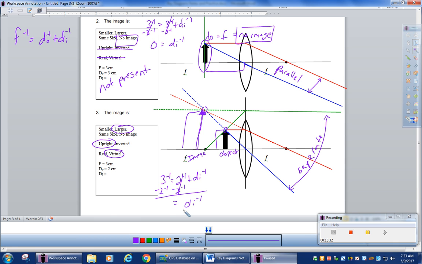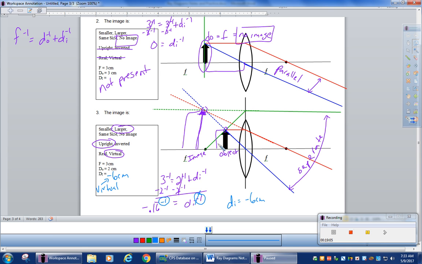And again, I need to take the inverse of both sides in order to cancel it out over here. So the inverse of that answer would be negative 6 centimeters. A negative is going to refer to a virtual image. Anytime that I have to measure backwards in the opposite direction of where I typically would, I'm going down the negative direction of a number line. That's what I'm getting.